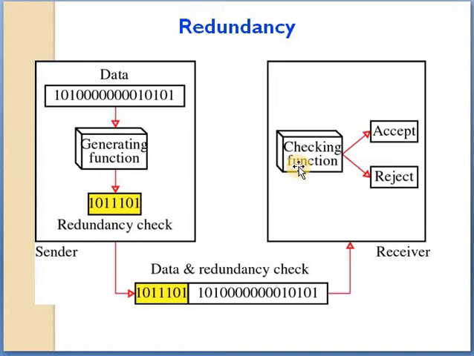If the received bit stream passes the checking criteria, the data portion of the data unit is accepted by the receiver and the redundancy bits are discarded. This is the redundancy check, the process of using redundant bits to check the accuracy of a data unit.